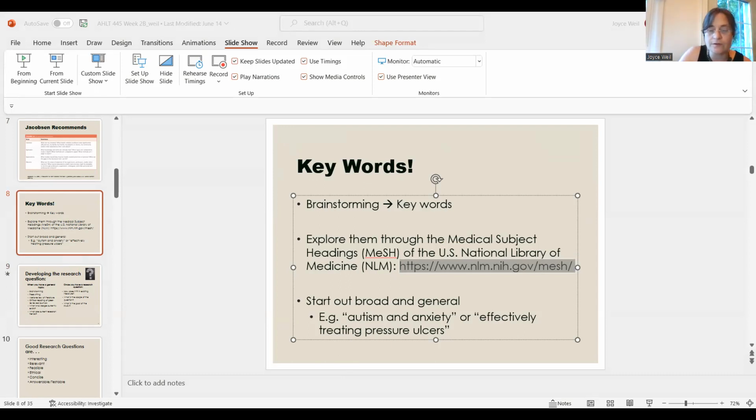Right, so you'll see in this, these are medical headings. It gives you the history, talks about terms.